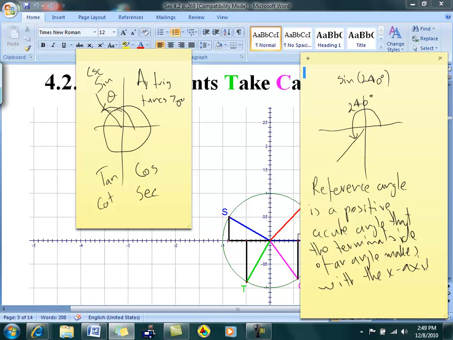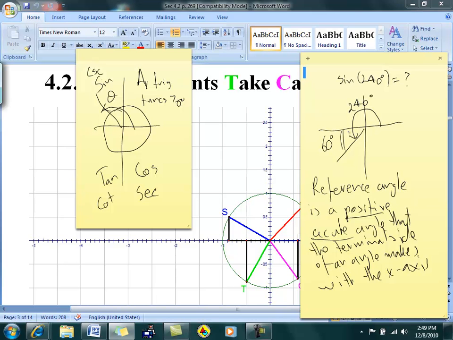Notice that it is positive and it is acute. So for the example I have here, remember this is what I want to find, I want to calculate that. This angle here is a reference angle and that is 60 degrees, because 180 plus 60 is 240.